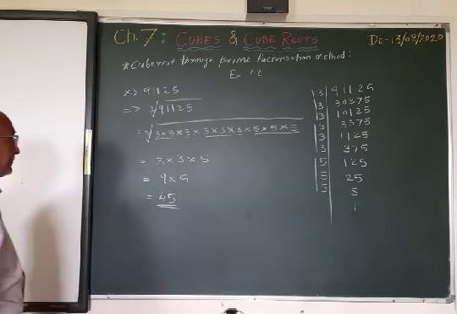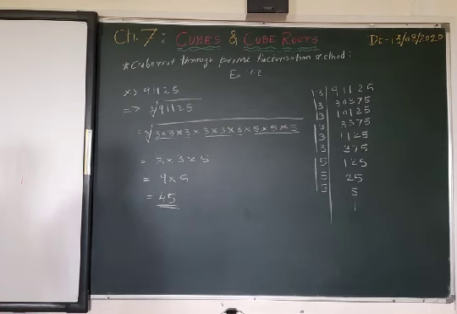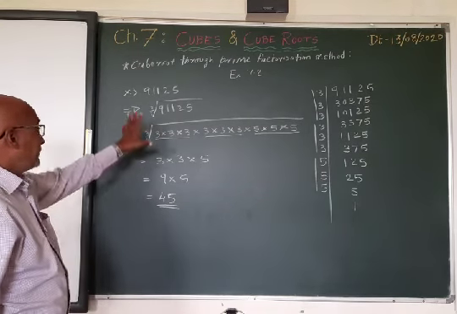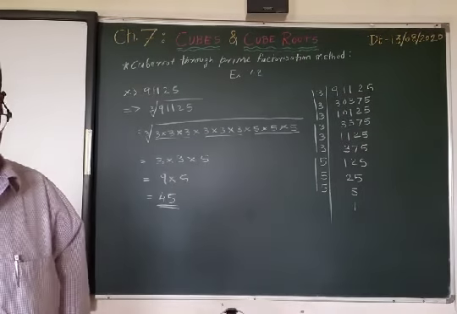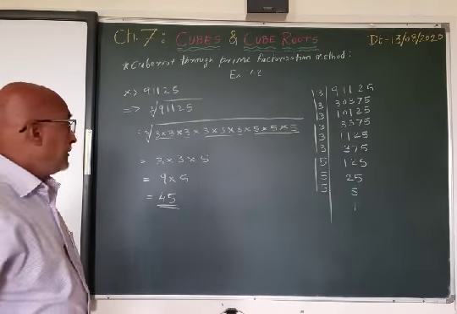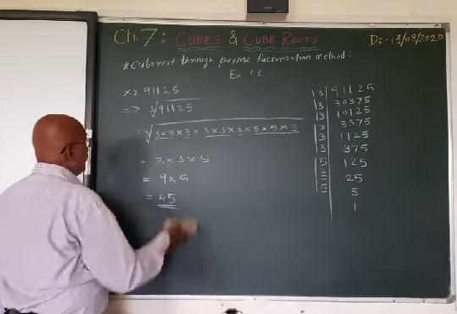Got it, clear? So this way we can find the cube root of a number by the prime factorization method. One more method we have.